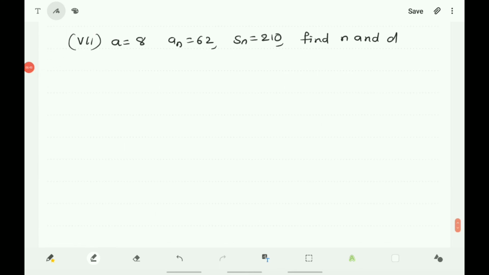7th question, a is equals to 8, an is equals to 62, sn is equals to 210, find n and d.